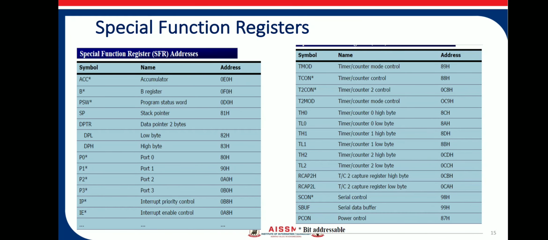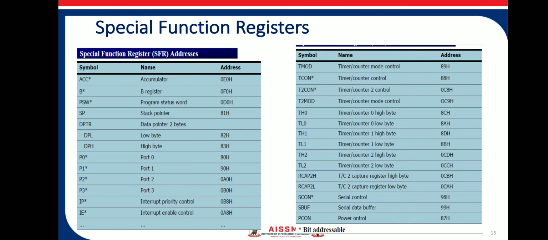This is a list of the special function registers: the accumulator, the B register, PSW register, stack pointer, and data pointer. The data pointer has 2 bytes: data pointer lower and data pointer higher.